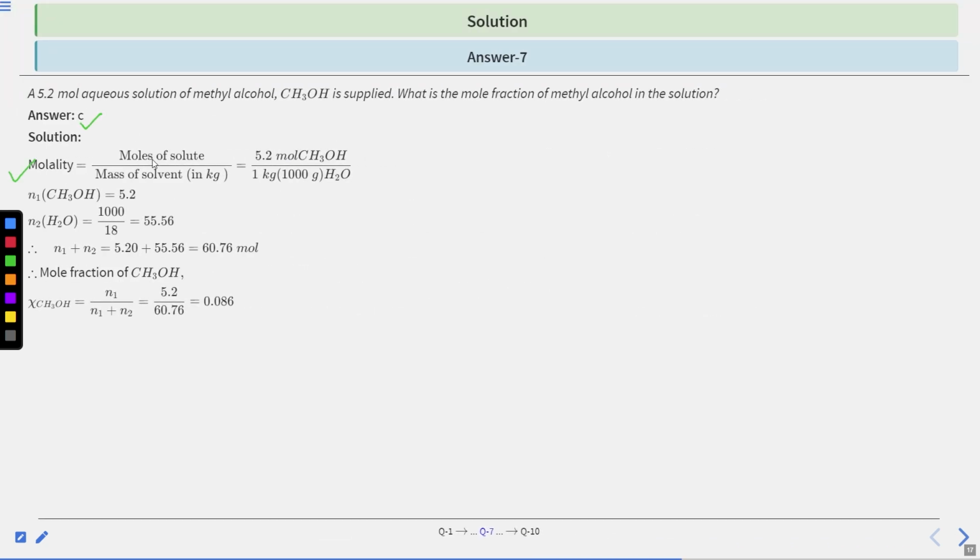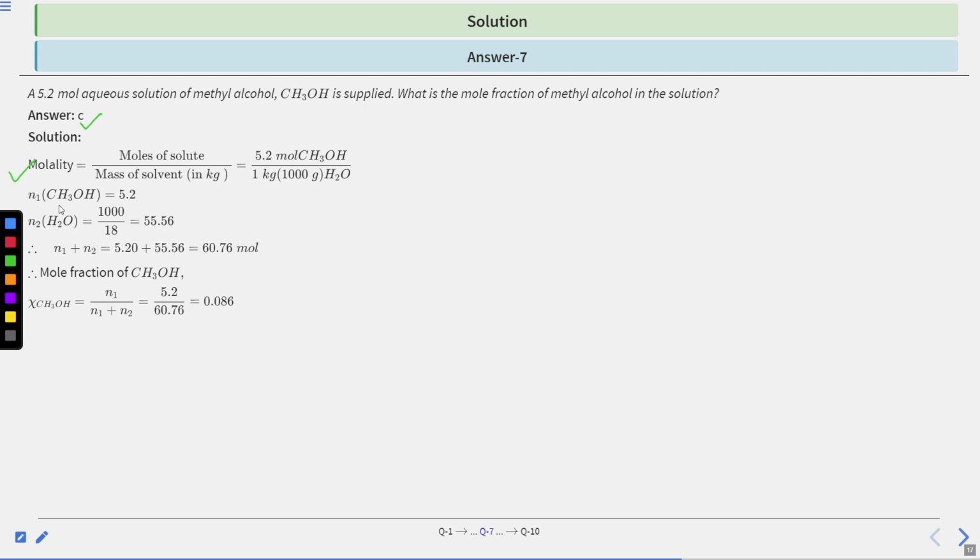Molality is given by moles of solute upon mass of solvent in kg. So moles of solute is 5.2, right? And solute is CH3OH, that is methyl alcohol. So 5.2 mole for CH3OH, and mass of solvent is 1 kg, or 1000 gram H2O, right?